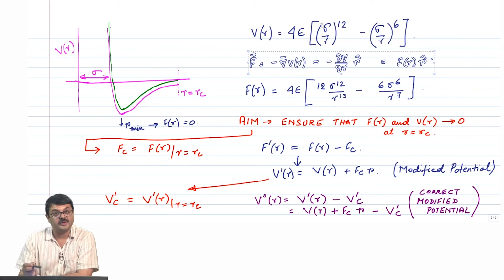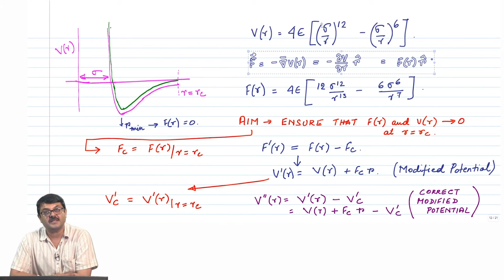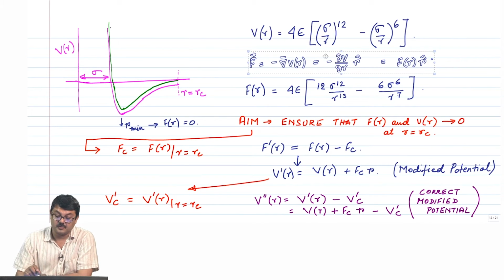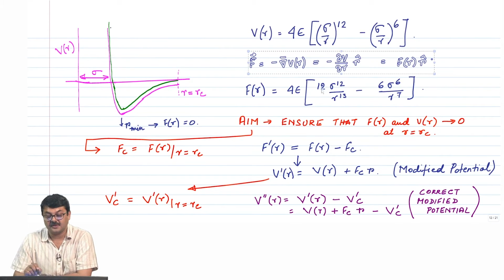What is f of r? You have to take a simple derivative with respect to r, and that is nothing but 4 epsilon, this remains the same, and you have to take a derivative of r to the power minus 12. But remember, the expression for the force comes with an extra minus sign here. So, when you take the derivative, you would get 12 sigma to the power 12 upon r to the power 13 minus 6 sigma to the power 6 upon r to the power 7.